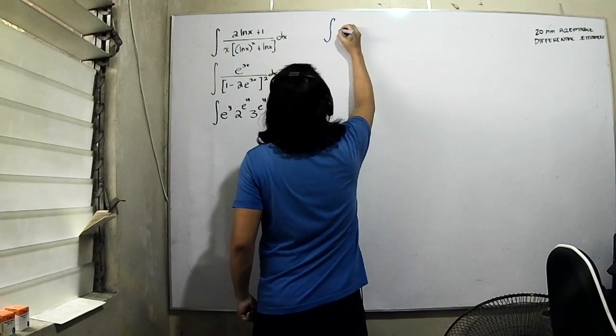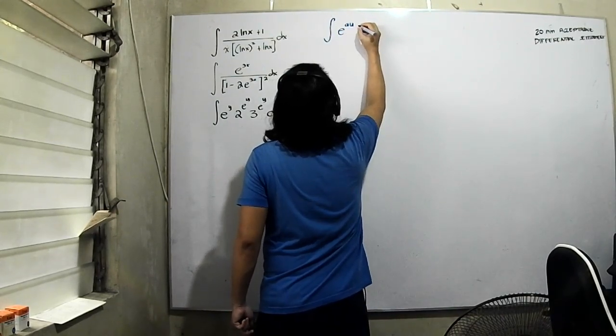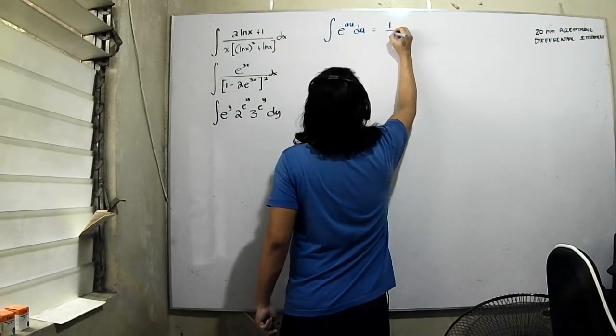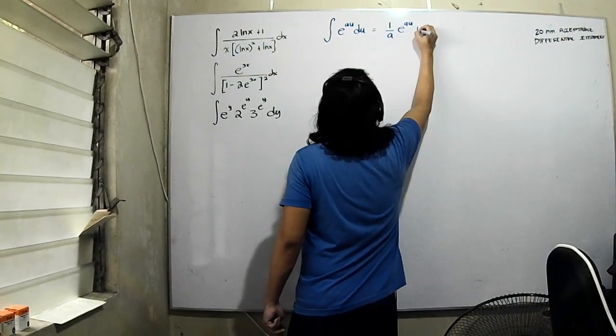The integral of e to the au du is equal to 1 over a times e to the power of au plus c.